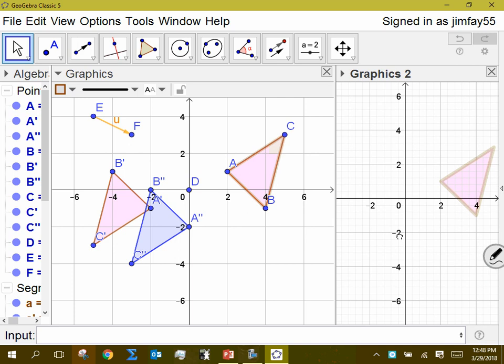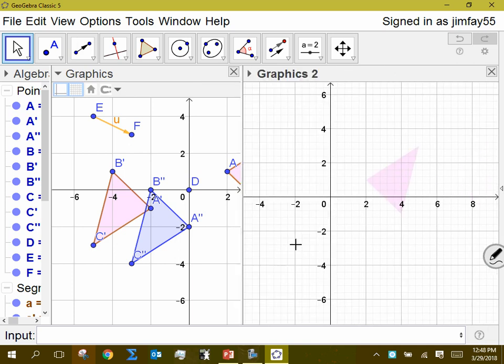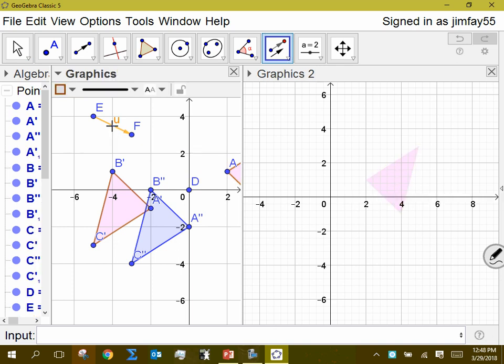Now I am going to do the translation first. So I'm going to take that image and translate by that again, to the right 2, and then down 1, right?